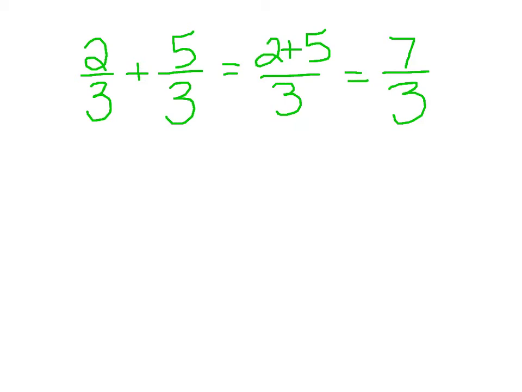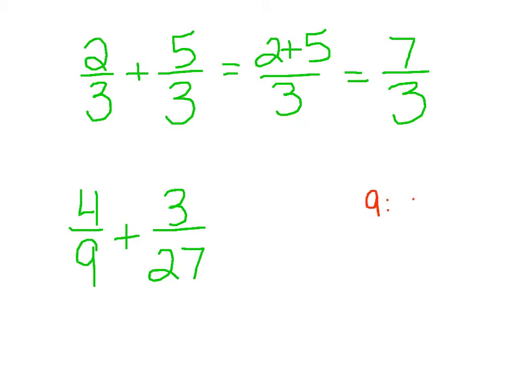So we add the numerators, keep the denominator. But what happens when we have, let's say, 4/9 plus 3/27? They don't have the same denominator anymore, so we can't just add the numerators and keep the denominator. But what we need to get is an LCD, a common denominator. So we have to take our multiples of 9, essentially.